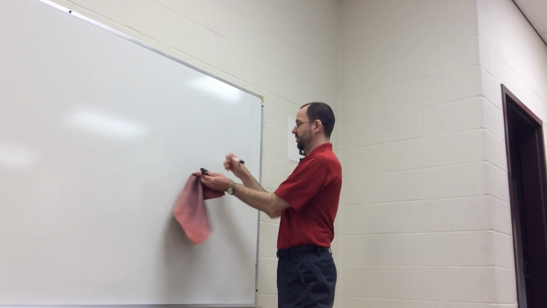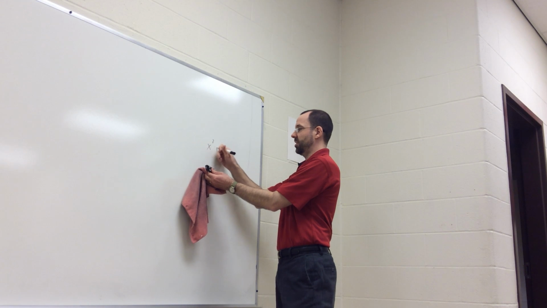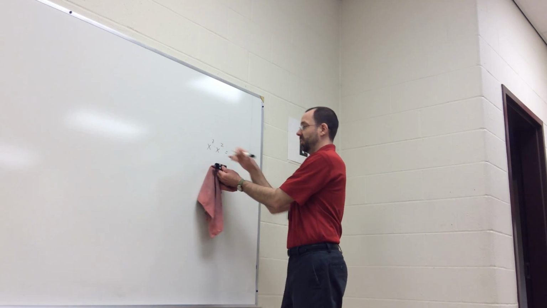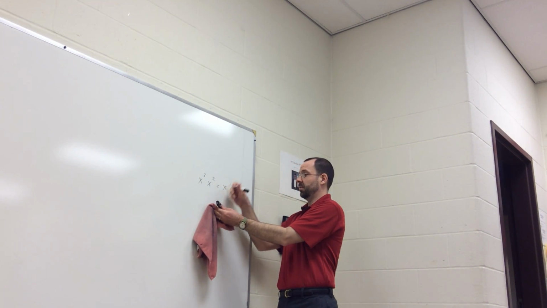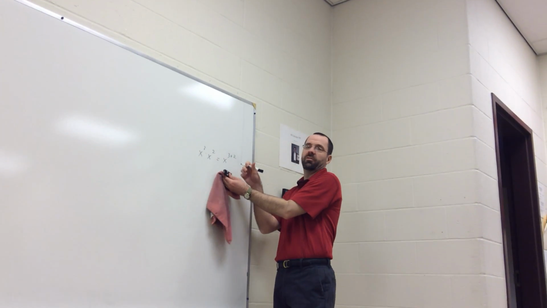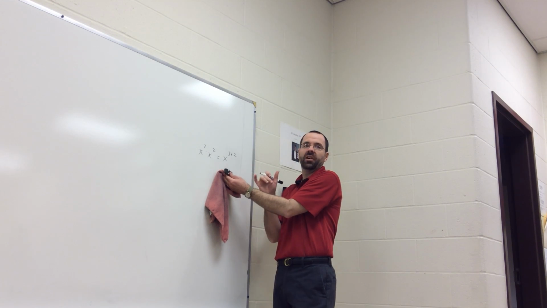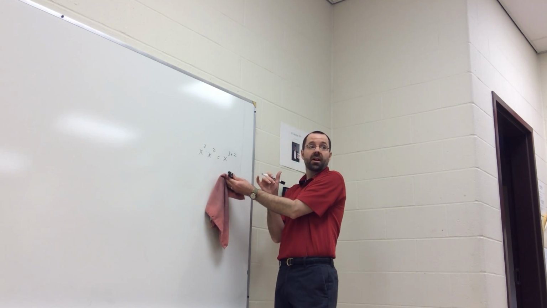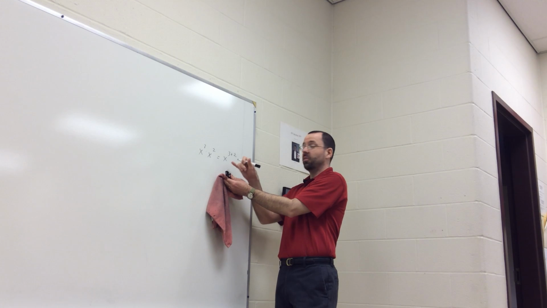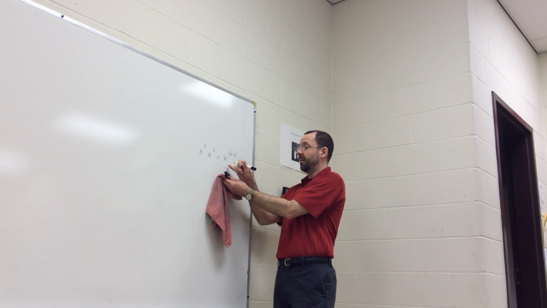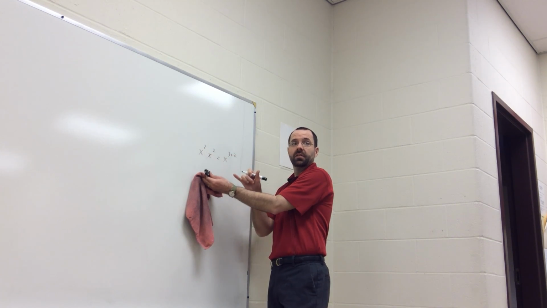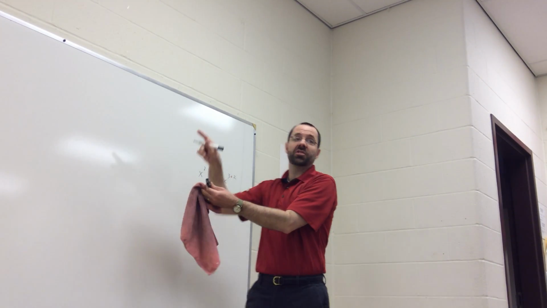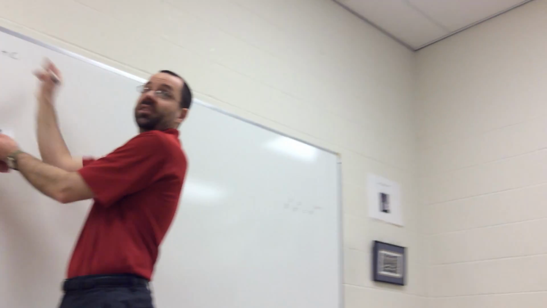Okay, so if you have x to the third times x to the second, what can you do? 3 plus 2, right? We would probably write x to the fifth, but it'd be fine to write x to the 3 plus 2 power. So now you could go backwards, right? If you have x to the 3 plus 2, you can split that up and write it as x to the third times x to the second. So that's my situation here. I have e to the something plus something.